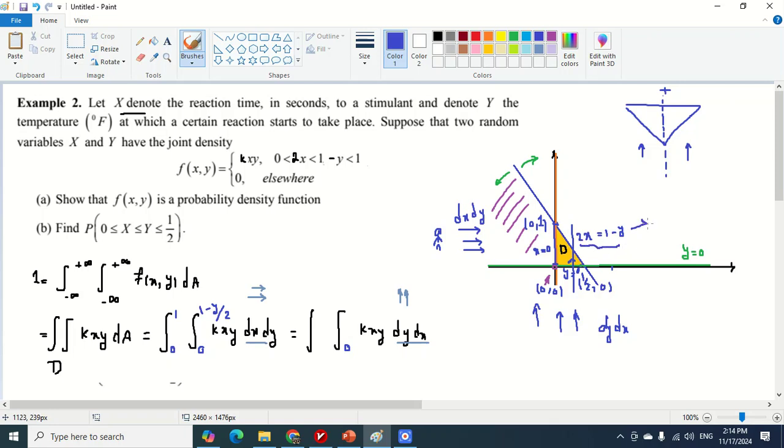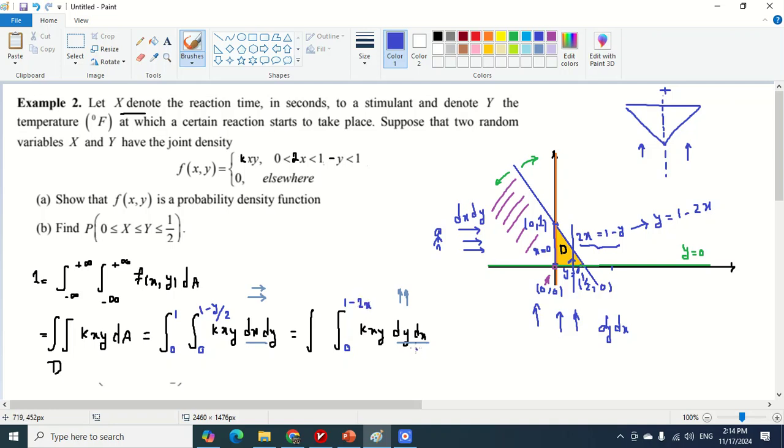By calculating in terms of x, if you shift y to the left side and 2x to the right side, then y equals 1 minus 2x. So we have y equal to 1 minus 2x, and I will write 1 minus 2x as the upper value over here.